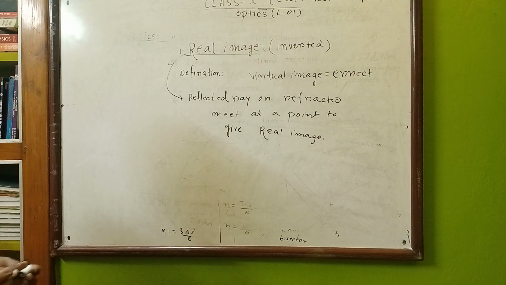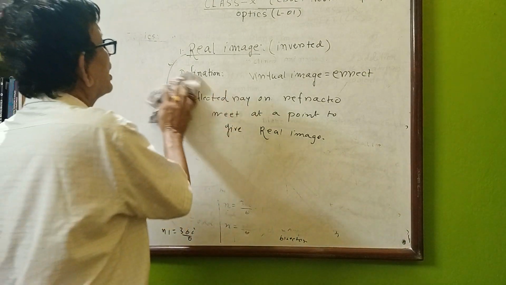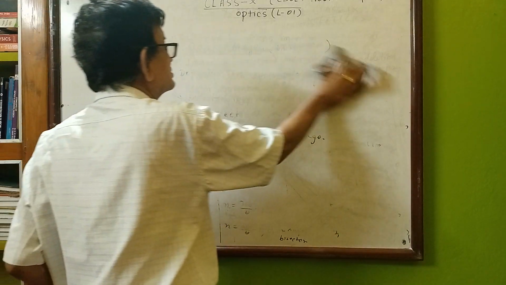Clear? Reflected ray or refracted ray from any point meeting at a point gives a real image, that is inverted in nature. Okay, now I should consider two types of spherical mirrors.